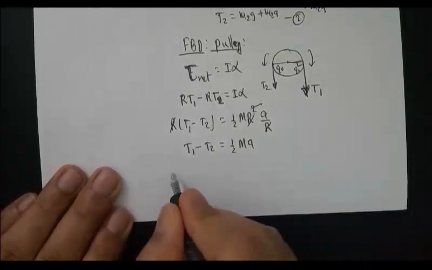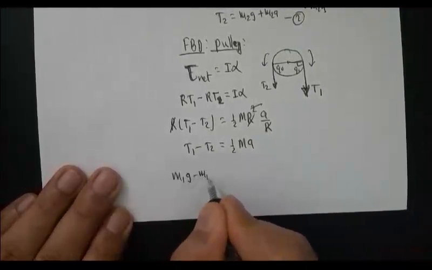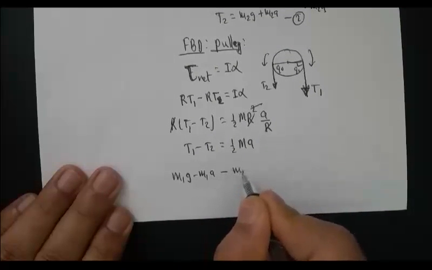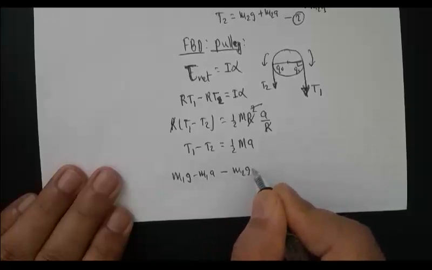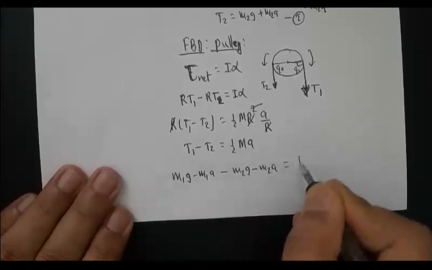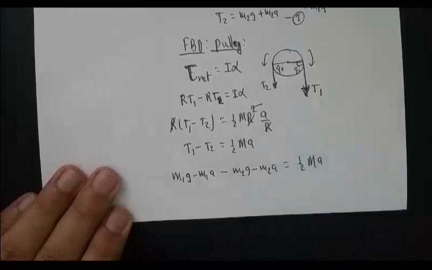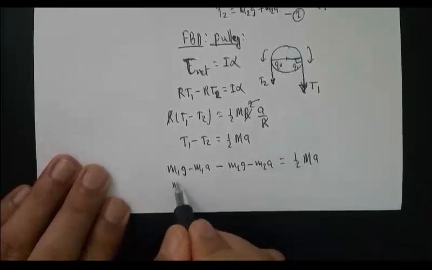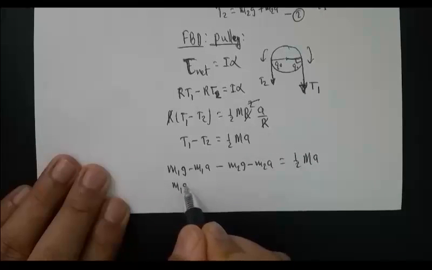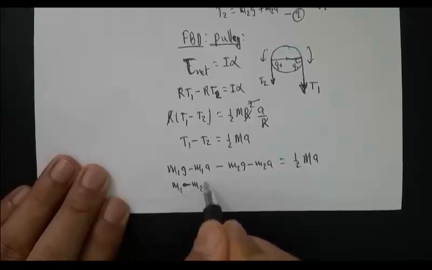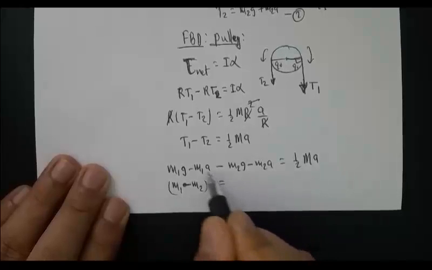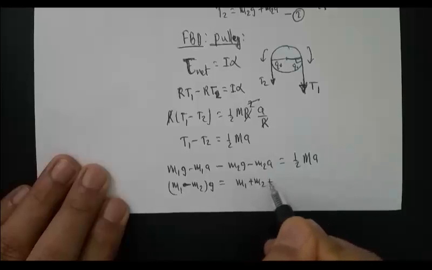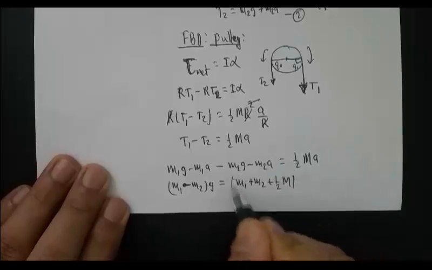So what is T1? T1 is M1G minus M1A. And what is T2 from equation number 2? M2G plus M2A. Then that's it, you solve for A. So M1 minus M2, G common factor, and you put all the A terms together: M1 plus M2 plus 1/2 the big mass, which is the mass of the disk.